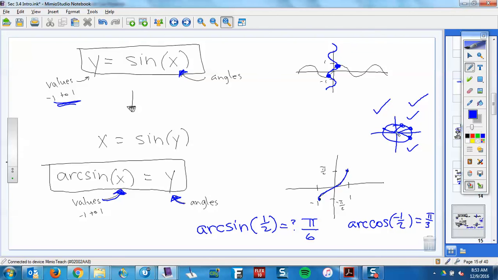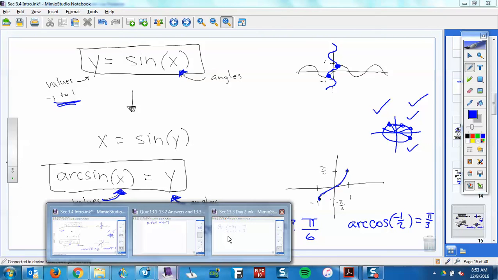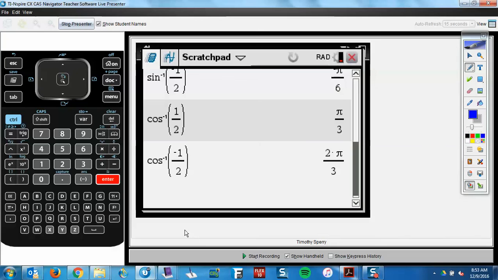You're not going to get negative pi/3, you're going to get 2 pi/3. Did you do it, Tim? Yeah. See, arc cosine of 1/2 you get pi/3, and arc cosine of negative 1/2 you get 2 pi/3 because it's a negative value. So it doesn't mean you're always going to get a positive angle or negative angle. It's the quadrant.